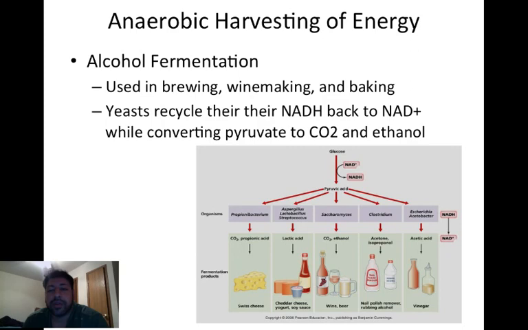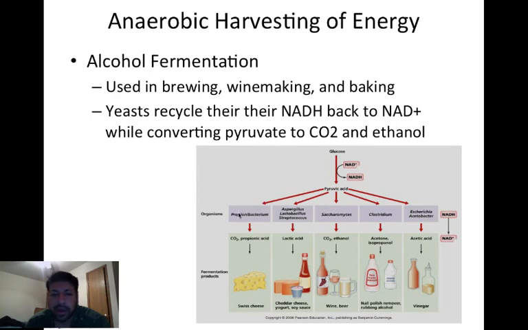It's where yeast, specifically, recycle their NADH back to NAD+ again, while converting pyruvate this time. Instead of converting pyruvate to lactate, like we saw with the previous fermentation process, pyruvate is converted to carbon dioxide and ethanol.